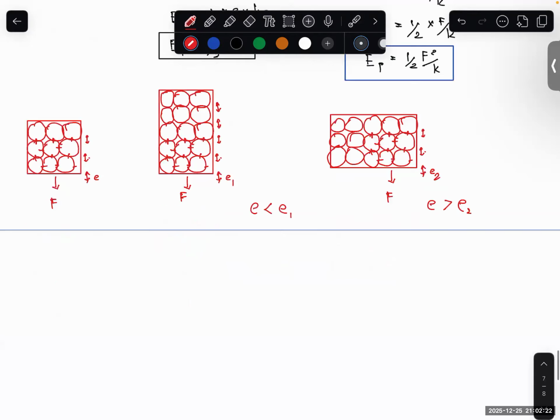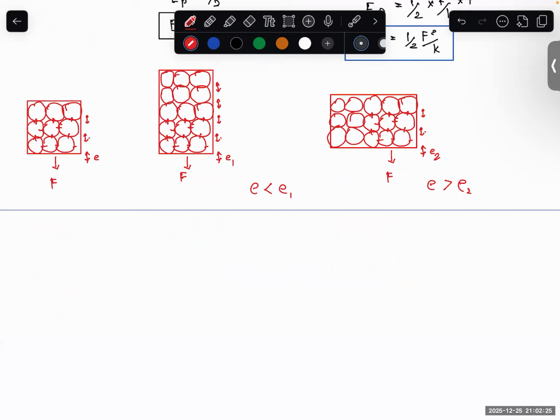So therefore, they decided to talk about extension and the force relative to the length and the area. Whatever the extension comes, they wanted to give it for unit length, because when you are changing the length, the extension changes. Similarly, when you change the area of cross section, the force changes.